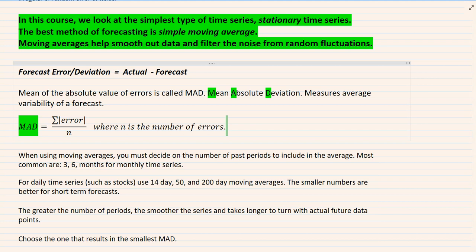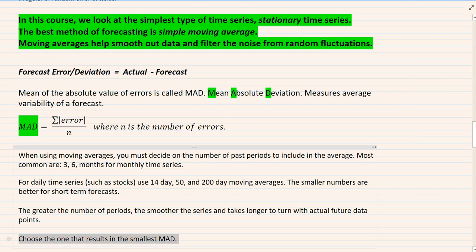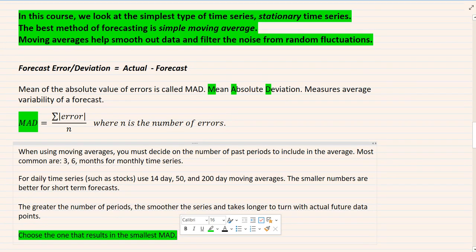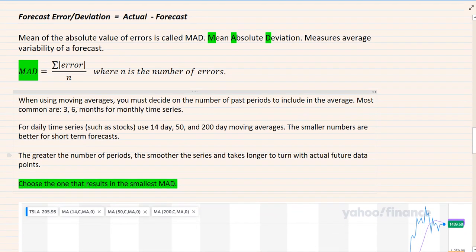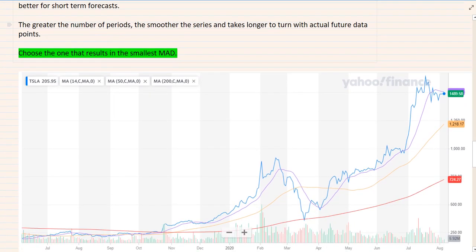Okay, now if you use more than one simple moving average, let's say you use a 3 and then a 6 and then a 9-month moving average, choose the one that results in the smallest MAD among all the other moving averages.